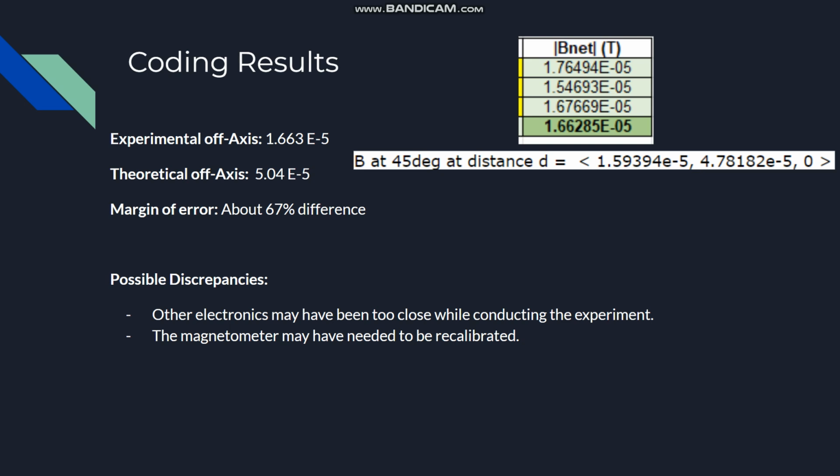However, our experimental is 1.6 e to -5, so it's about a 67% difference. The discrepancies are probably caused by maybe some electronics being too close, or maybe the magnetometer needed to be recalibrated, or wasn't calibrated enough, or was measuring slightly off. All things that could result in our experiment being off.